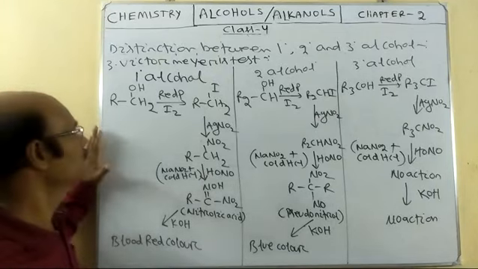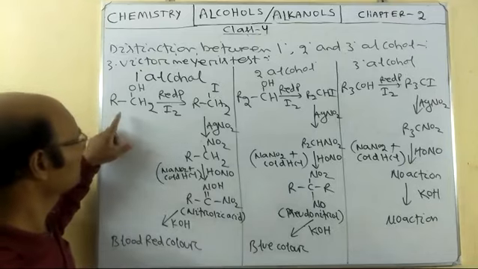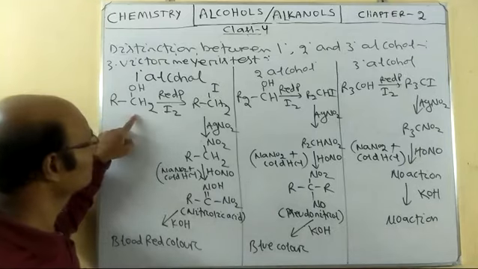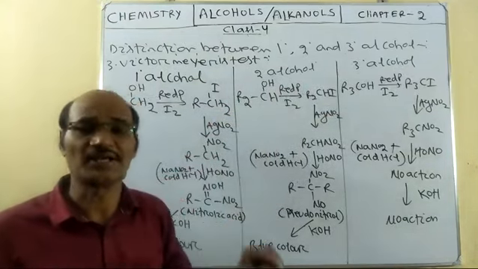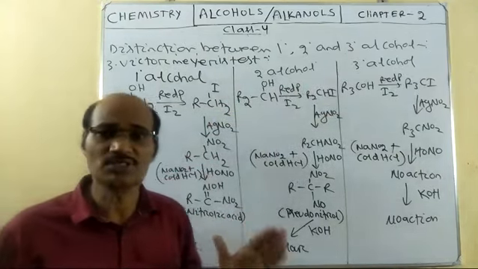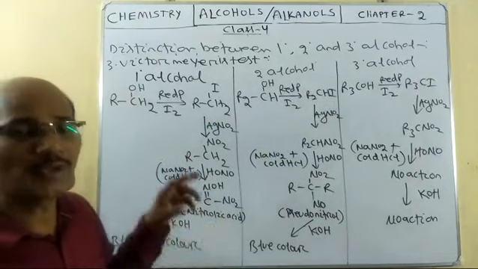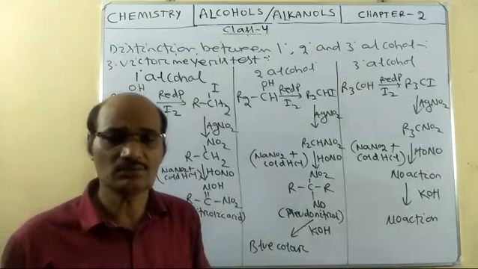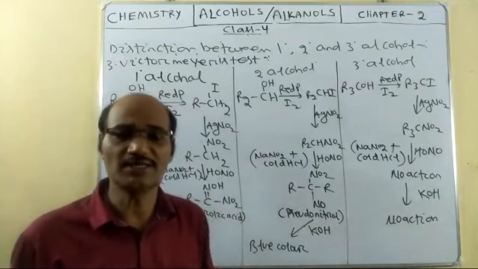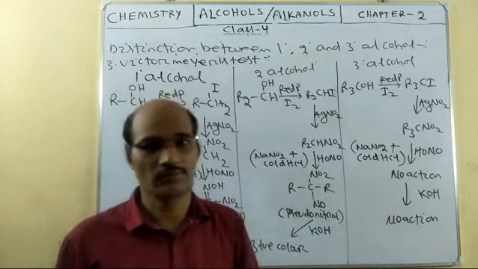First of all, the primary, secondary or tertiary alcohol is treated with red phosphorus and iodine. So when you treat the alcohol with red phosphorus and iodine, we get alkyl iodide.